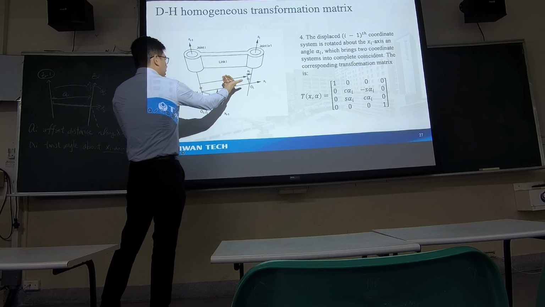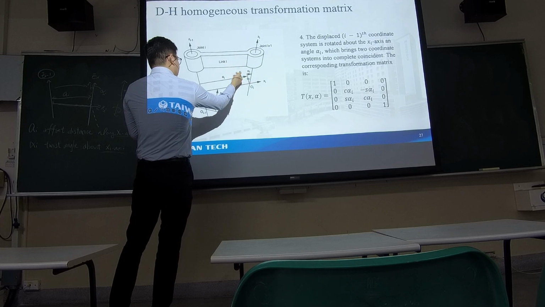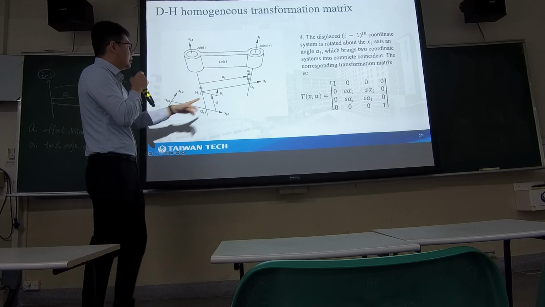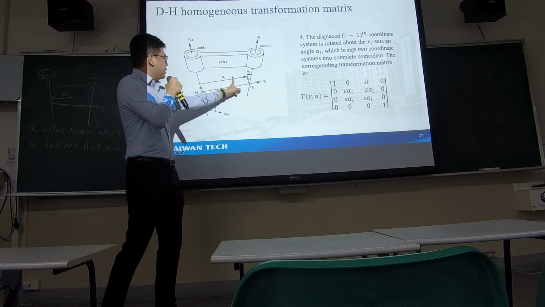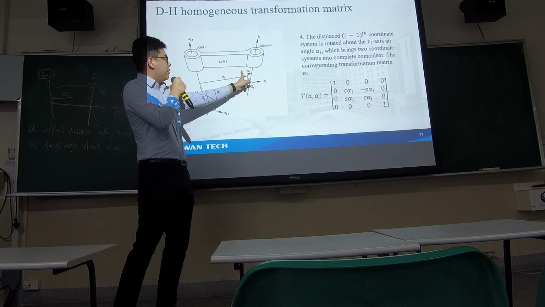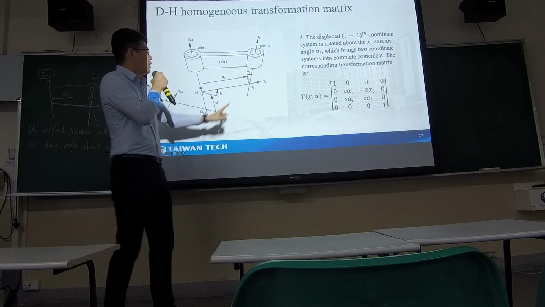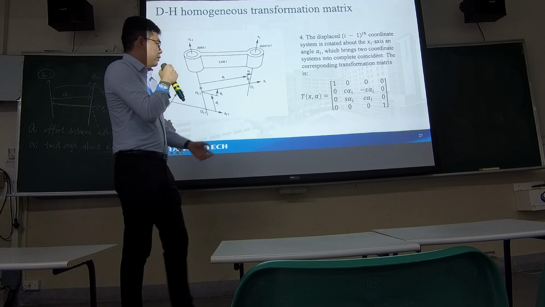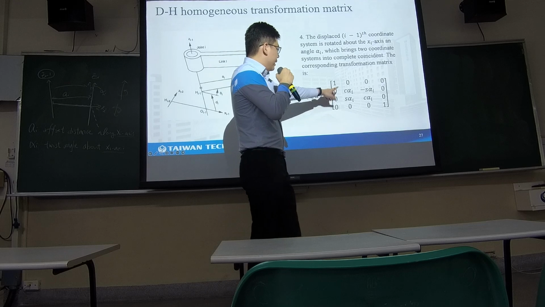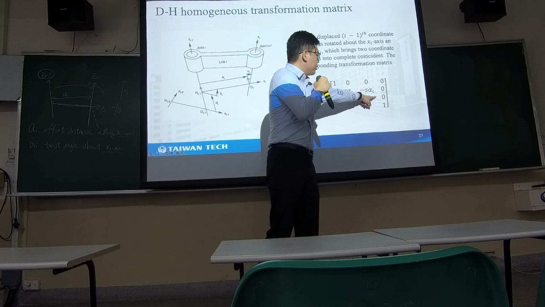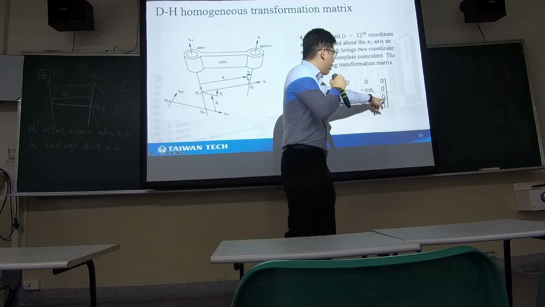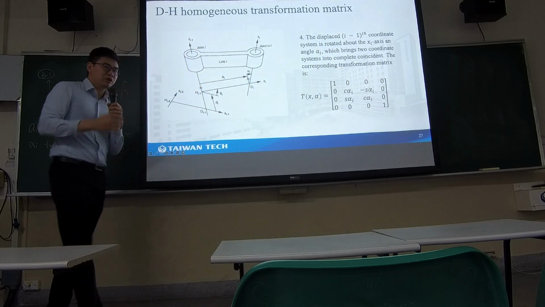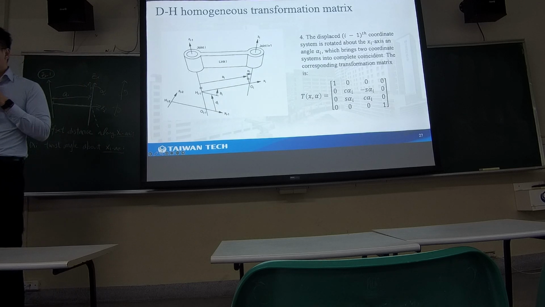You can see this is the direction of the x-axis and this is the direction of rotation. So this is alpha i. So you can take it here and rotate about the x-axis and become the zi. So again, with the rotation of the x-axis, we have this rotational matrix, and we don't have any position vector, and we can get the transformation matrix as this one.